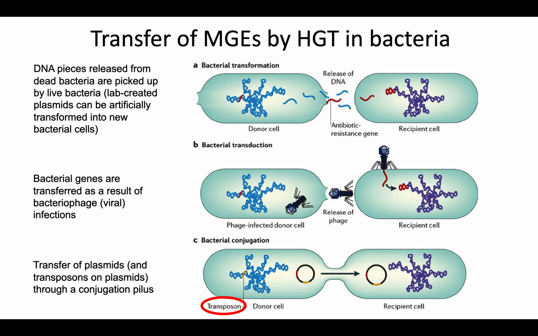As it makes more of itself, it may pick up some of the donor cell's DNA. And once it's assembled, it will break out of that donor cell, carrying a little bit of that cell's DNA, and then transferring it to another new recipient cell.